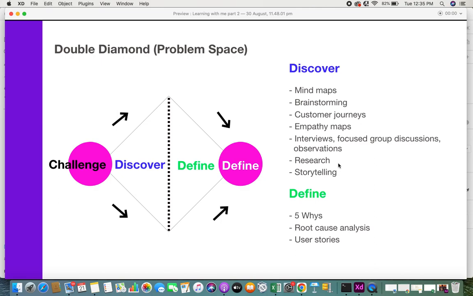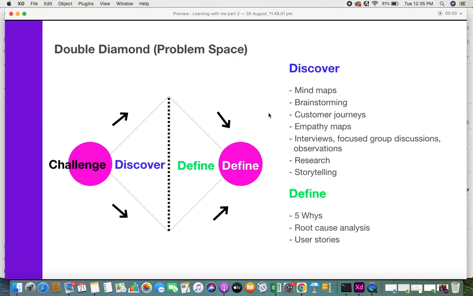Also, a lot of research can be involved, for example desk research and on-field research, and also storytelling. Storytelling allows everyone to give their story about what they feel is happening, what they feel is the issue and problem, and things like that. So these are some powerful tools that can be used in the discovery phase.